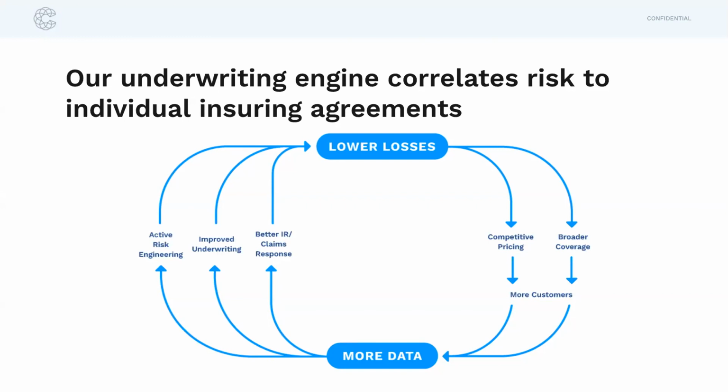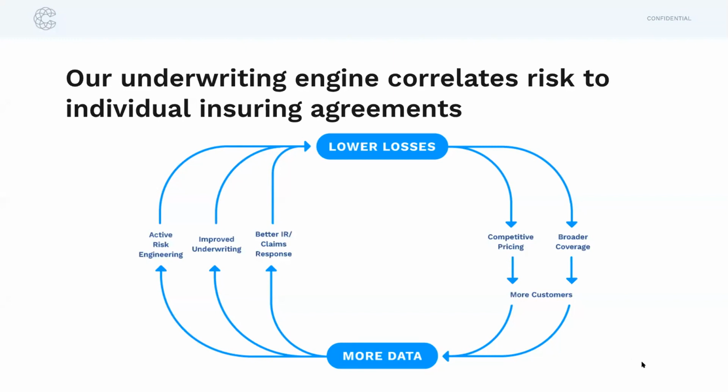We'll spend a bit more time on that. Finally, all of that data also enables us in a claim scenario. When a claim occurs, that data enables our incident response team to show up at the claim prepared, already fully aware of what is occurring within the client's network, to help them get the adversary out.